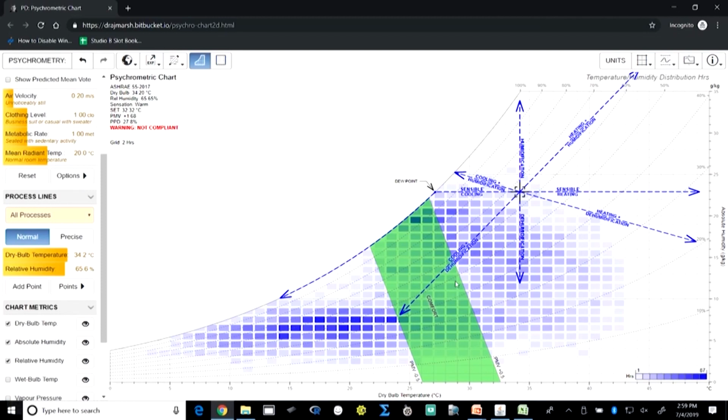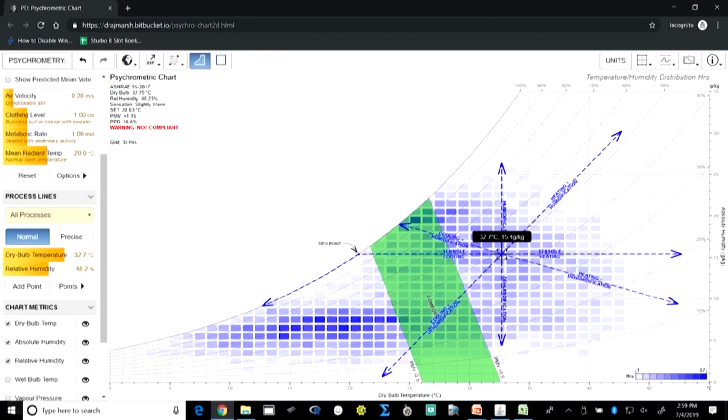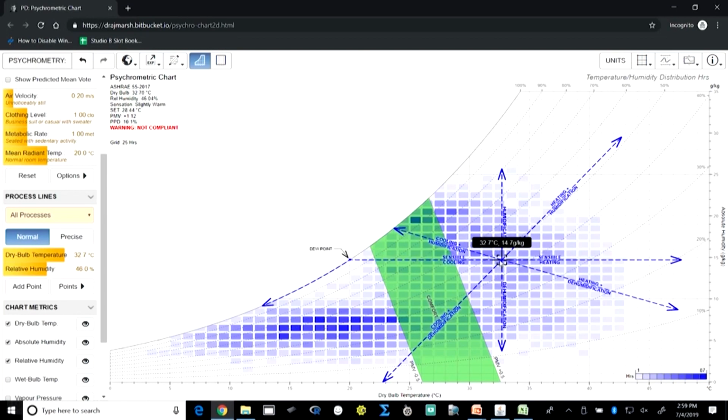For bringing it within the comfort zone, I will have to look at the cooling plus dehumidification route here. So, depending upon where this point is, what is the environmental condition, we may look at the different strategies which are available to us.